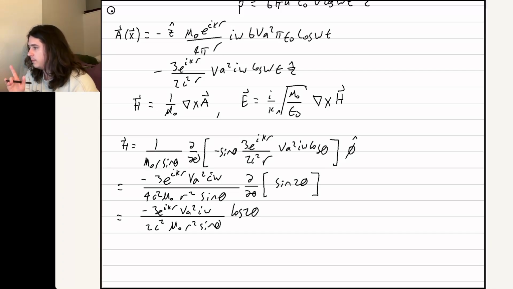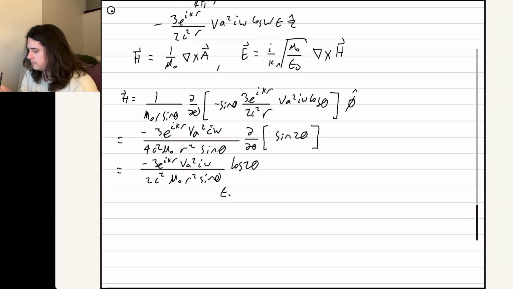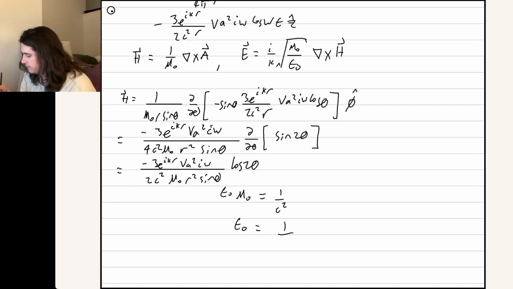Let me just make sure. Yeah, I think we can actually simplify, since epsilon naught mu naught is equal to 1 over c squared. If we multiply 1 over c squared by mu naught, then you'll actually just have epsilon naught up top.